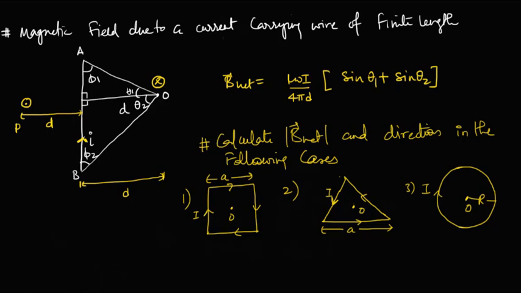Let's start with the first case, the square one. So what I have is a square, and all I know is that the current value is I. The current sense is going clockwise, and I have to calculate the magnetic field at O. Now, let's name this square ABCD.